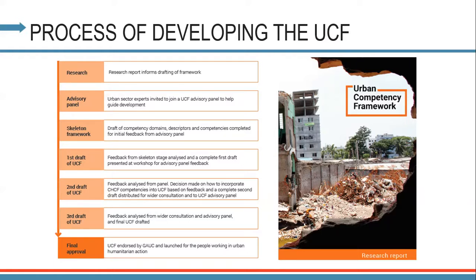The learning from the research report was combined and developed into a framework. There were 4 stages in the drafting process, with each draft of the framework being shared for review and feedback in a combination of remote and face-to-face consultations, before the framework was finally signed off by the Global Alliance for Urban Crises.